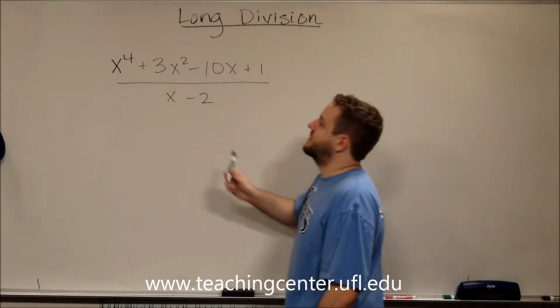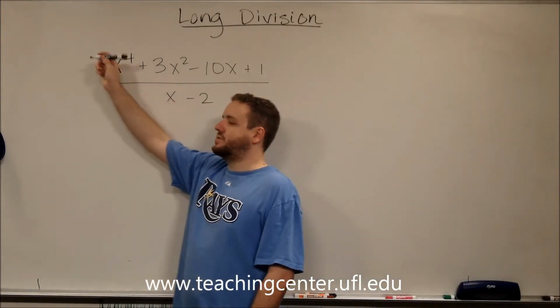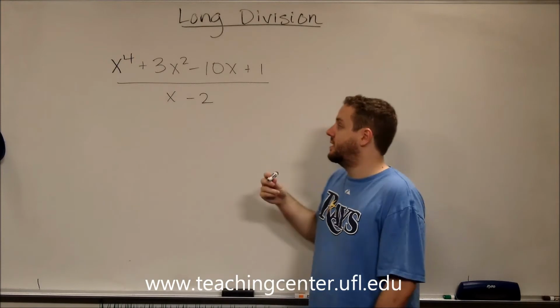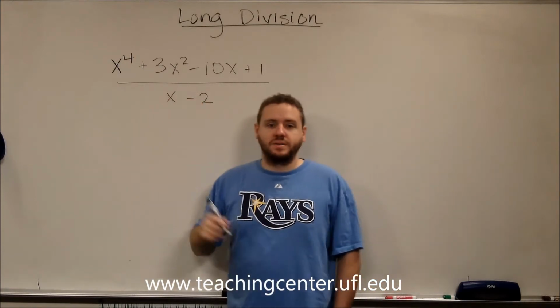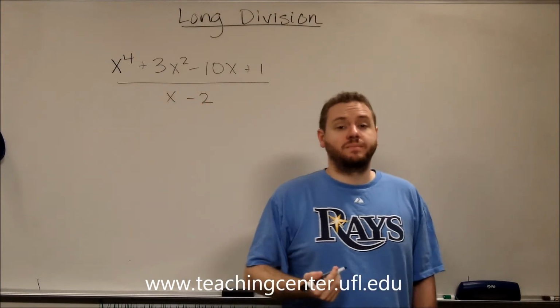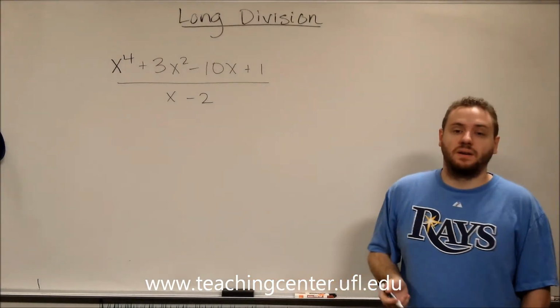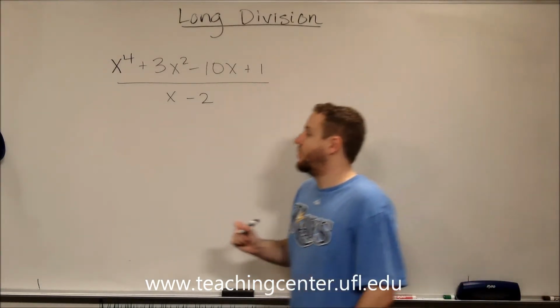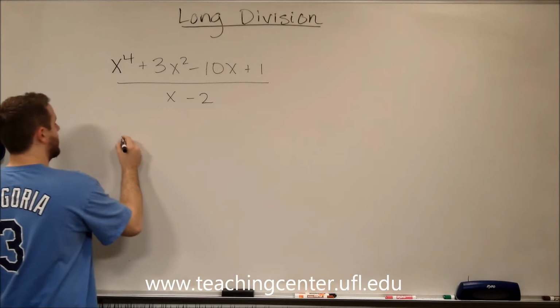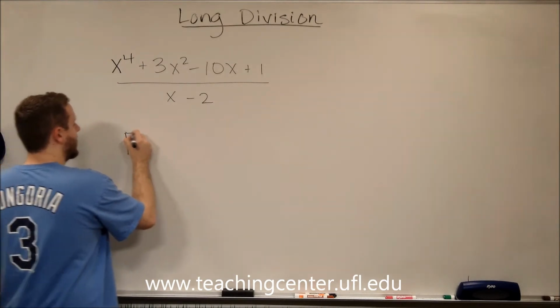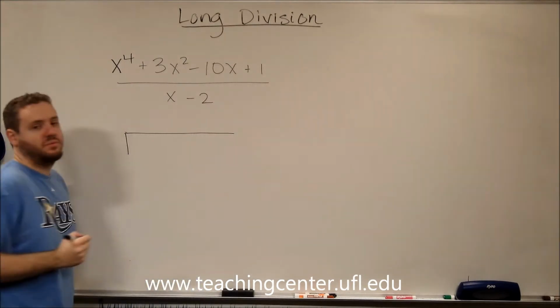So what you'll notice is the top, or what you're dividing, has a degree larger than the divisor, which is what you need to do long division, or at least they need to be the same. So what we're going to do is set up the long division bar just like you would have with numbers.